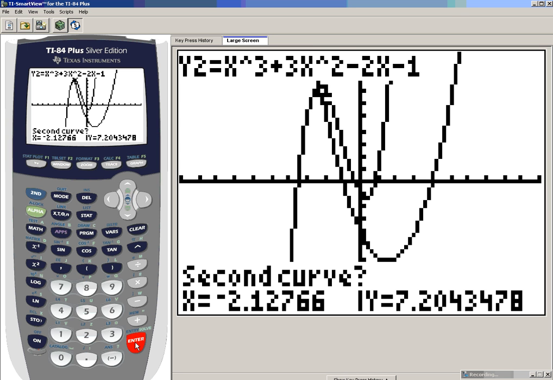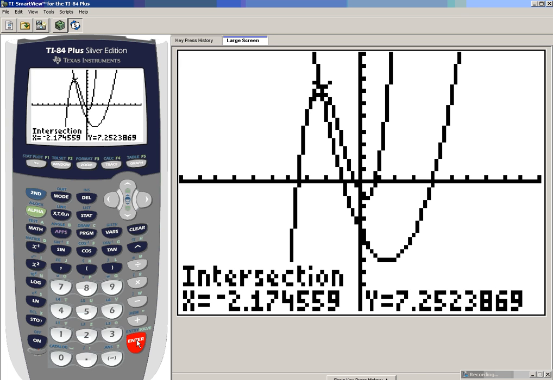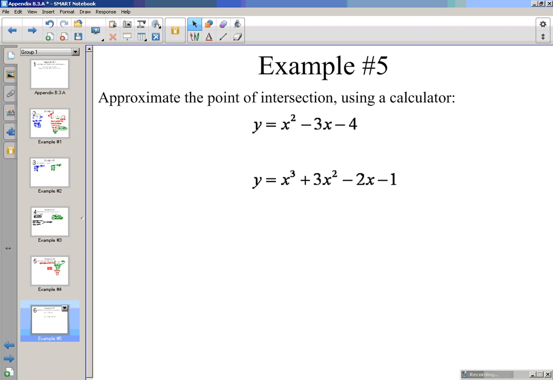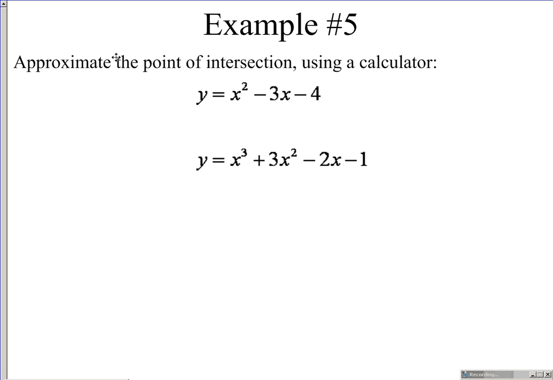It's going to leave the cursor close to that intersection point, ask you what's the second curve you want to find the intersection with. It automatically changed to y2. Hit enter. Again, we do not need to guess. Hit enter again, and there is our point of intersection. We're finding a point of intersection here, so that means that we need to give our solution as an ordered pair. -2.175, comma 7.252.